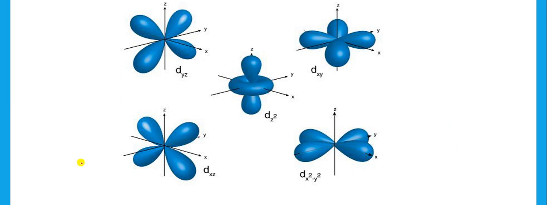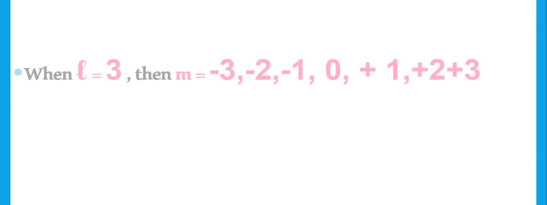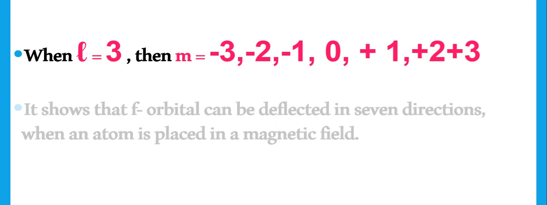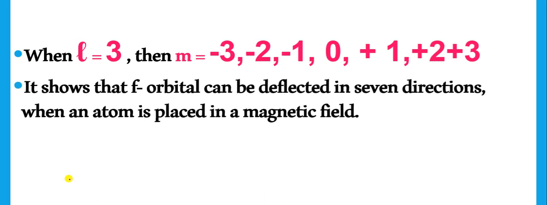So you should practice drawing these shapes of the orbitals. And in the last, when L is equal to 3, M will be plus minus 3, all the values between plus 3 and minus 3. It shows that the f orbital can be deflected in 7 directions when an atom is placed in a magnetic field.